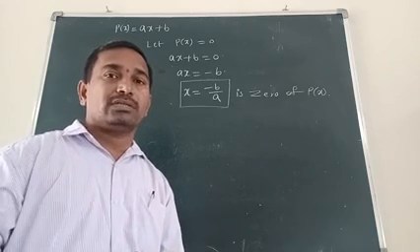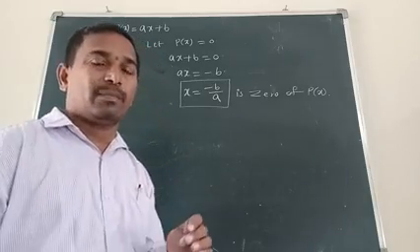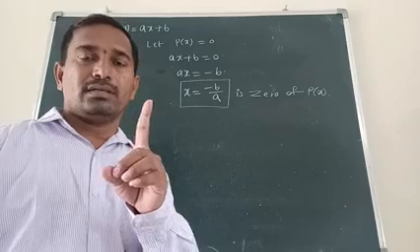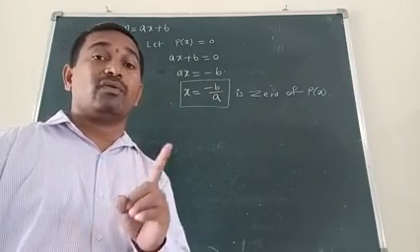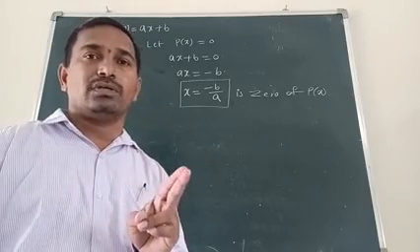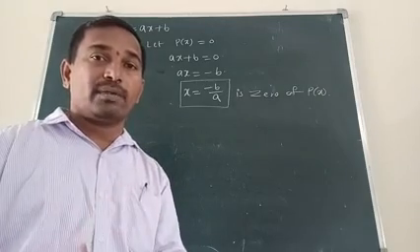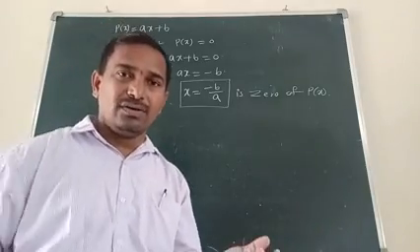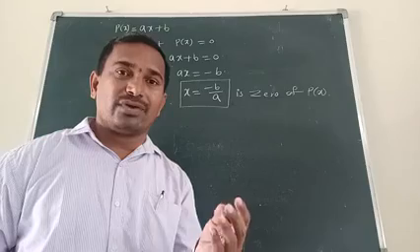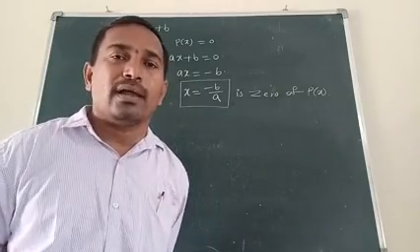So the number of zeros depends on the degree of the polynomial. The linear polynomial degree is 1, so the number of zeros of a linear polynomial is 1. For a quadratic, degree 2, two zeros exist for a quadratic polynomial. For a cubic polynomial, what is the degree? 3. So how many zeros does a cubic polynomial have? 3 zeros exist for a cubic polynomial.